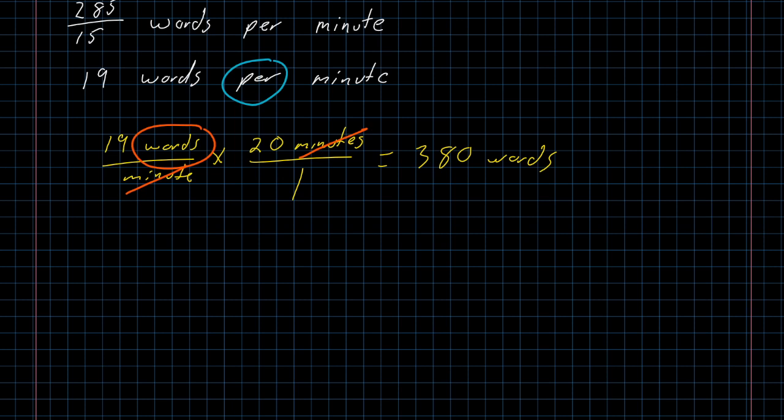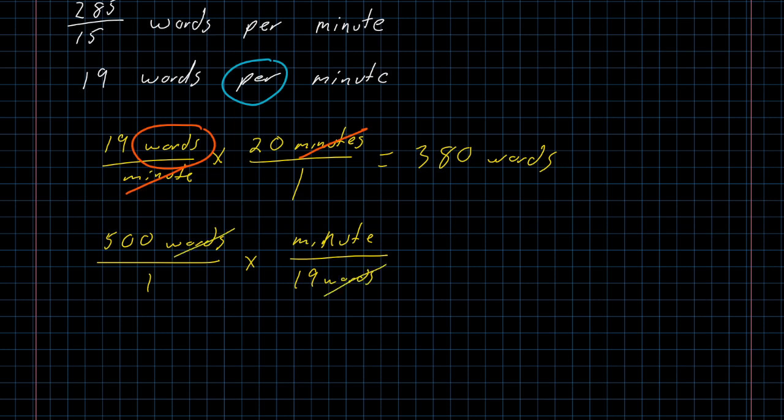Or the other problem that I had mentioned. We needed to type 500 words. Now, if I just multiplied by 19 words over a minute, that wouldn't cancel things out. But just like unit conversion factors, I can multiply by the reciprocal or divide by the conversion factor, either way you want to think about it, as minute over 19 words.